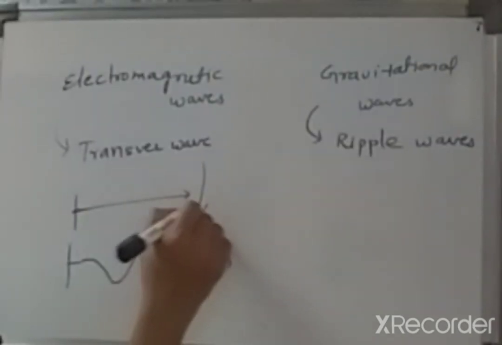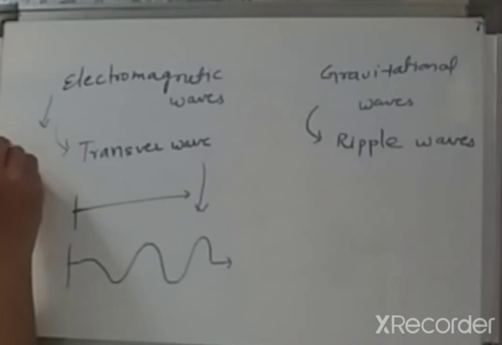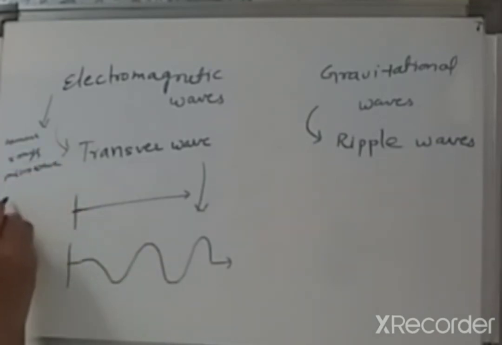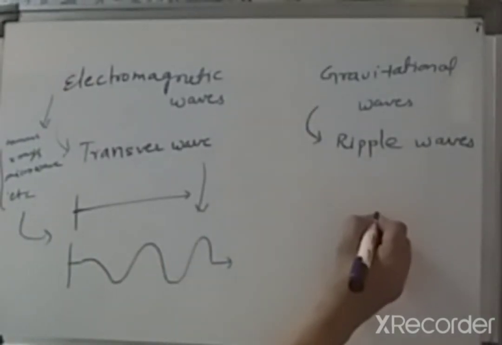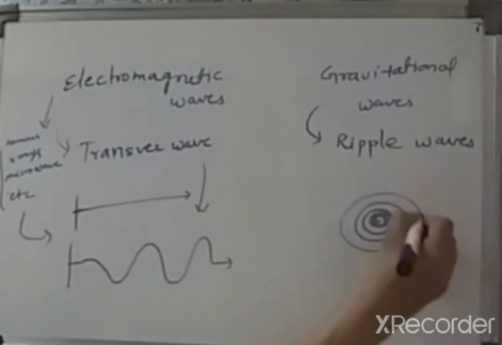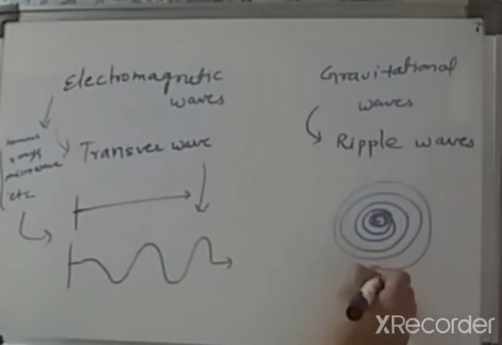So all the electromagnetic waves like gamma rays, X rays, microwaves, all such types of rays are in this form. But gravitational waves are emitted in such a way that they form concentric circles, and they go outward like ripples, right?